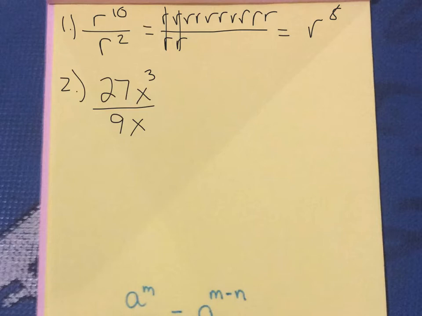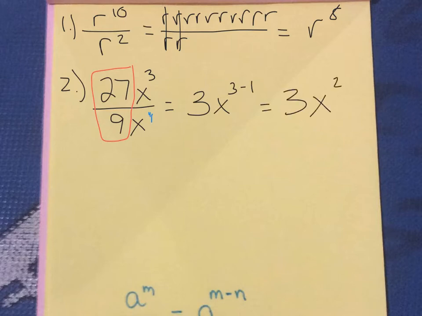Remember, this is a division problem of these numbers, and we're going to subtract those exponents. What do you see? If you don't see anything, there is a 1 on that x. So 27 divided by 9 is 3, and we've got x to the 3 minus 1. Well, that's 3x to the 2nd.